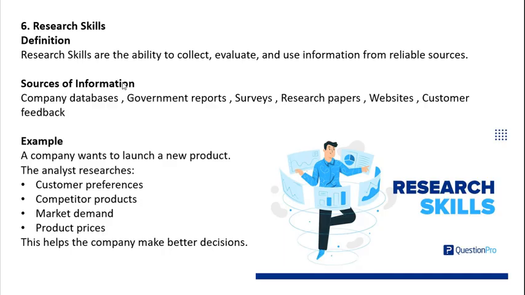Sources of information are the company's database, government reports, surveys, research papers, websites, and the customers' feedback. For example, when a company wants to launch a new product, the analyst researches customers' preferences, competitors' products, market demand, and the product prices. This helps companies make better decisions.